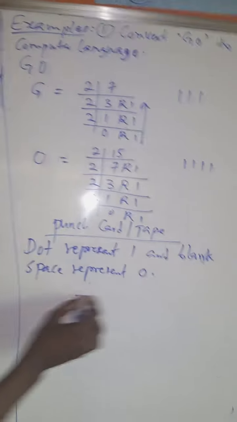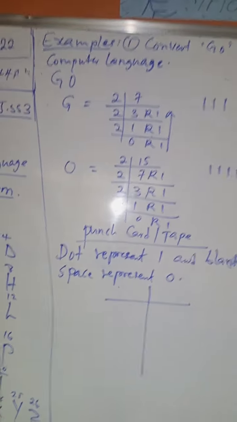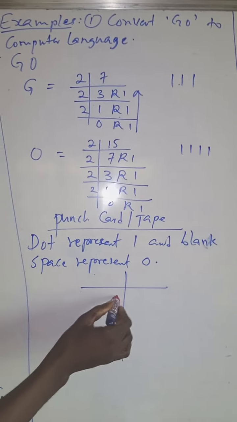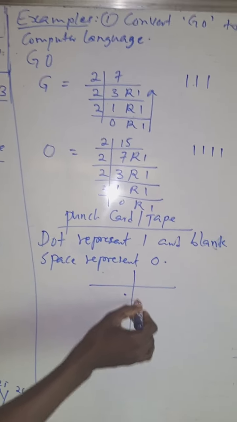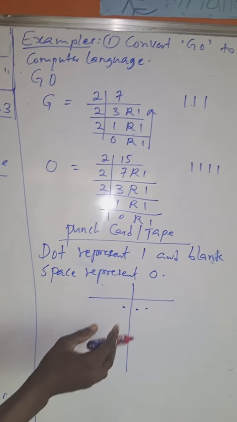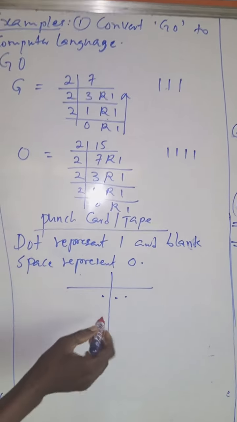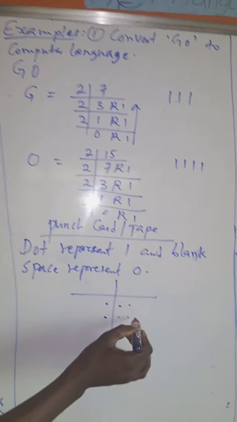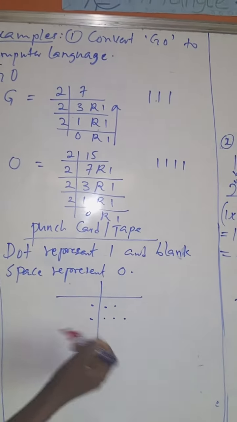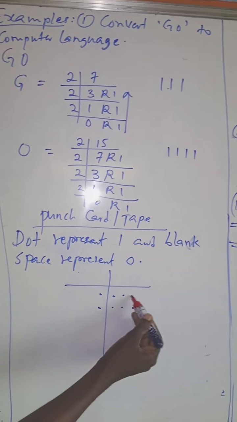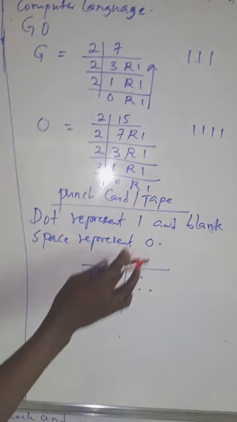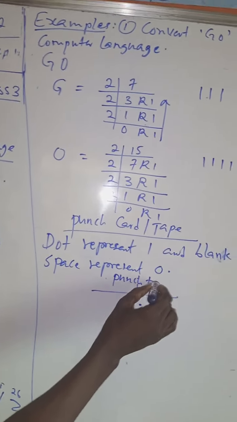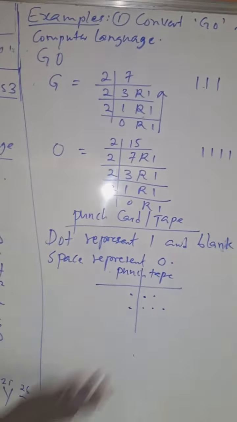So that's how it works on a punch card. One dot there after the line, dot dot dot for 111, and at this place there is nothing. So that's how we represent it. We call it punch tape.